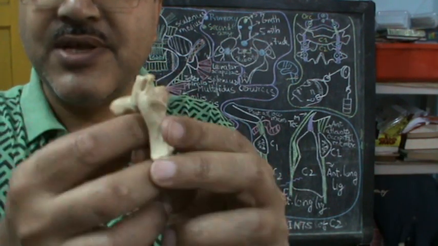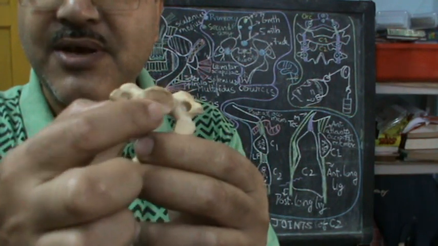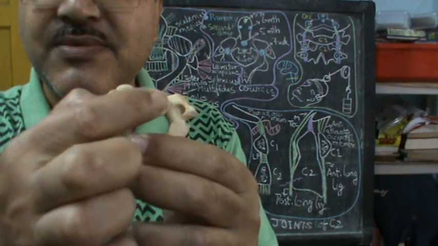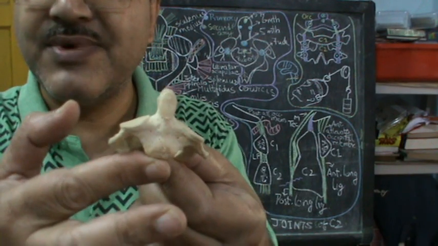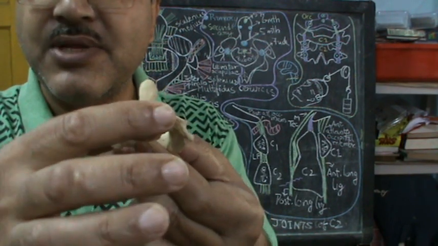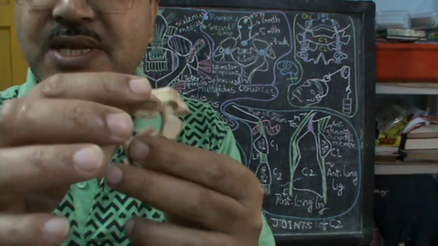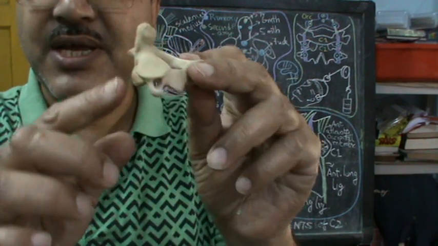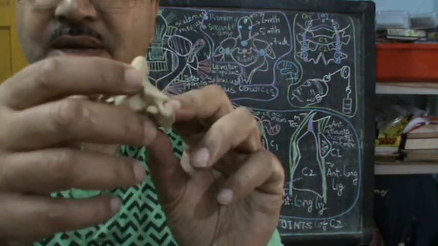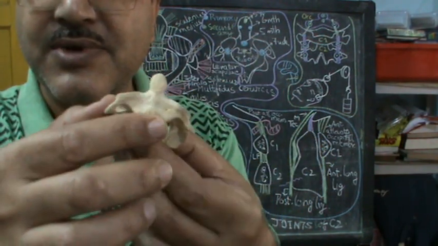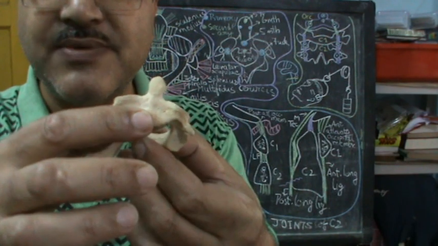And on the inferior surface of the body you can see the rough area for the attachment of the intervertebral disc for its articulation with the third cervical vertebra. And on the inferior surface again you can make out that this ventral edge is beaked, pointing downwards, and it will be covering slightly the intervertebral disc between C2 and C3.